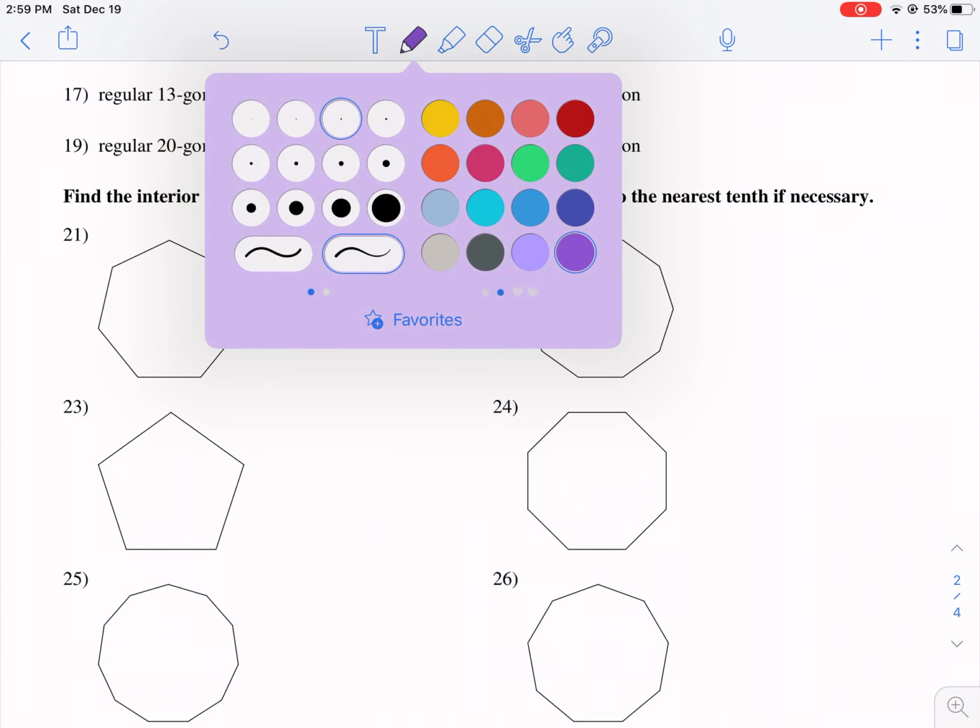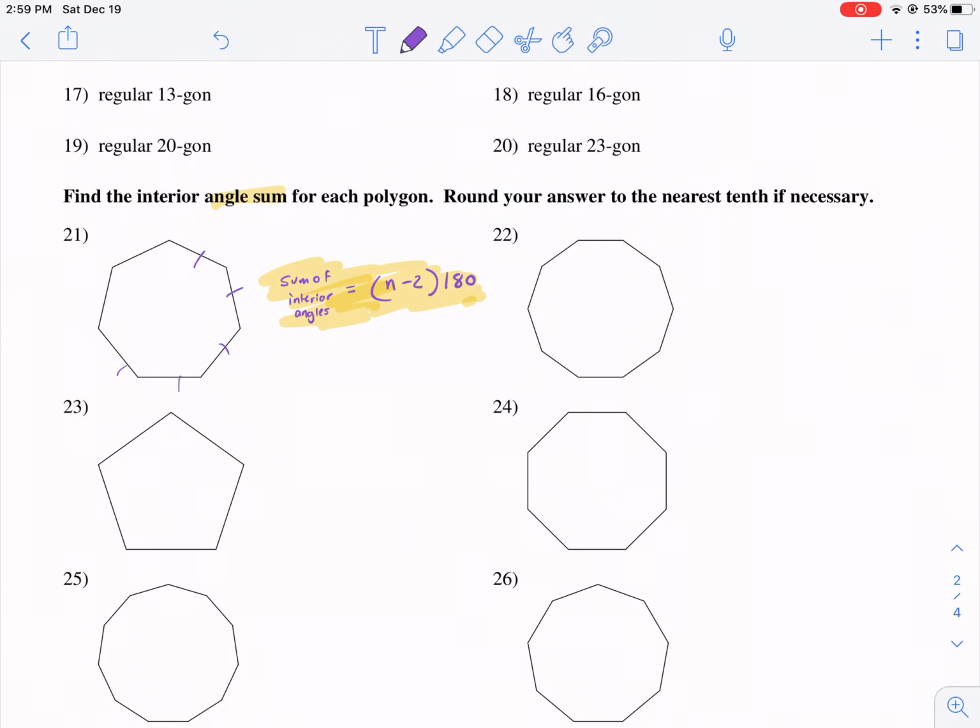For example, this one has 1, 2, 3, 4, 5, 6, 7. This has 7 sides. We have n minus 2 times 180. That ends up being 5 times 180, and this equals the sum, which is 900. So that equals 900 for number 21.